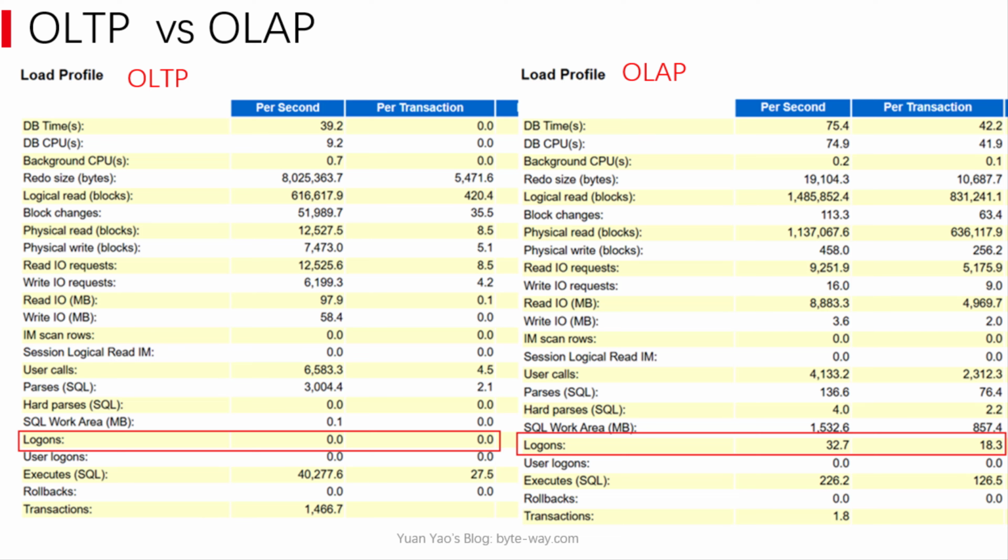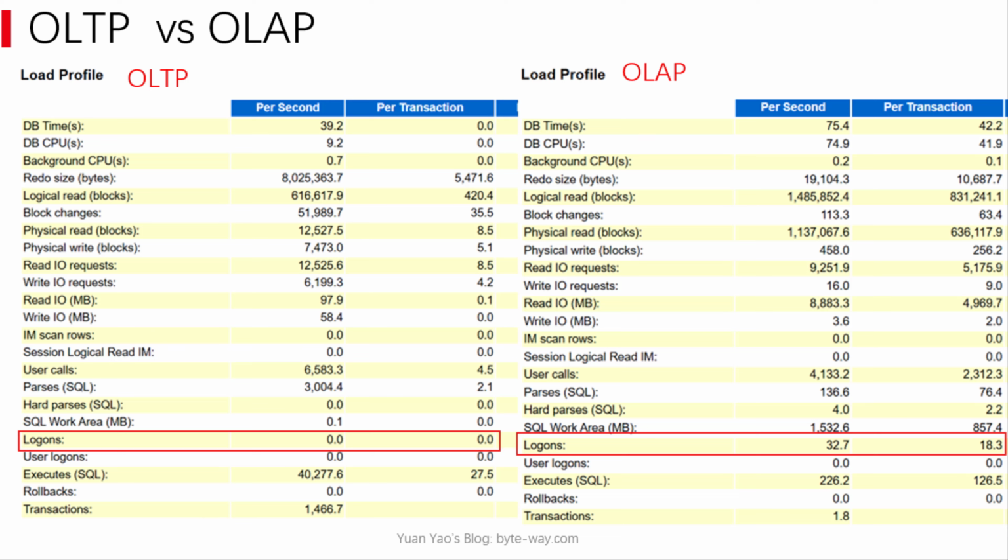Now, the differences between these two workloads show up very clearly in the AWR load profile section. Let's look at the first column, logons. In the OLTP profile, the number of logons per second is 0. In the OLAP profile, it's about 32.7 per second, which is surprisingly high. Right below that, the user logons column is also 0.